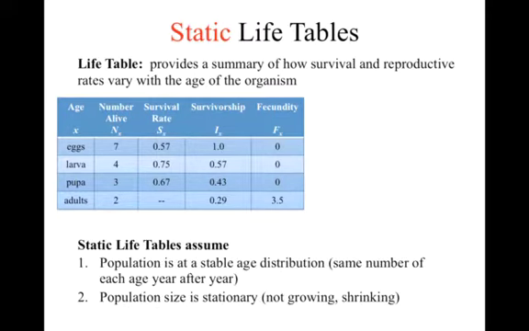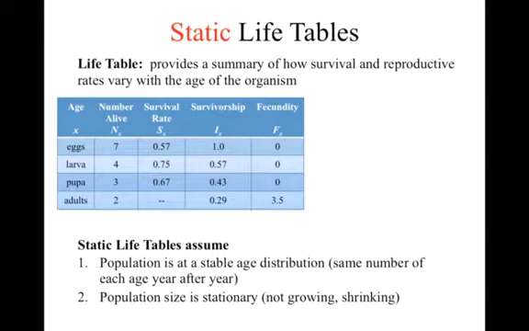All right. Now, static life tables are great, but they make very important assumptions. And unless those assumptions are true, you cannot calculate survival rate and survivorship based on the number in each stage or the number in each age. So, in order to calculate survival rate and survivorship from a static life table, from measurements from a population in a single year, the population has to be at what we call a stable age distribution.